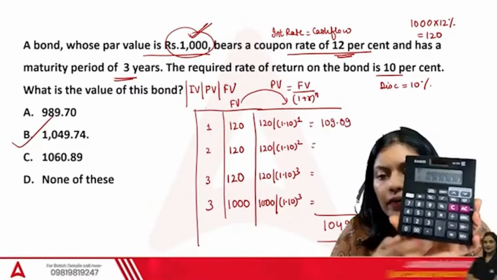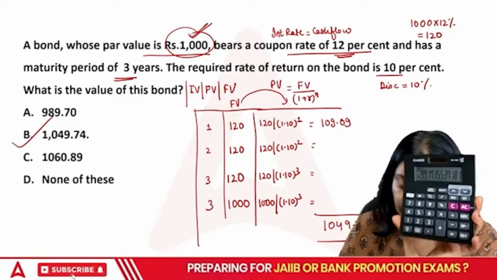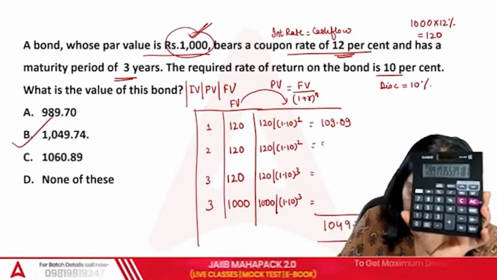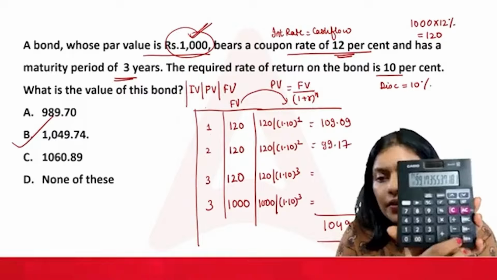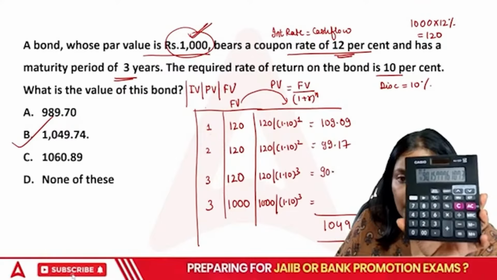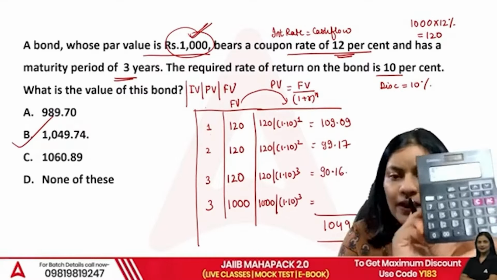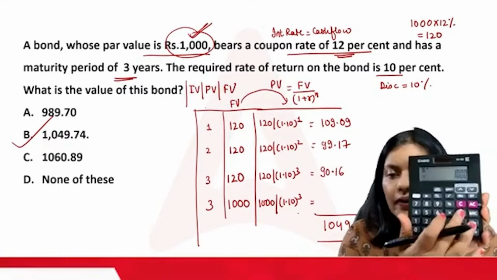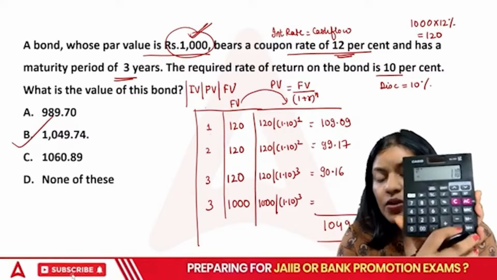Along with that, press M plus. Then again equals to, M plus. That's 99.17. Then third equals to, press M plus. That would be 90.16. Now, what is the principal value that we will get? 1,000 divided by 1.10. Now, the N is 3 years.